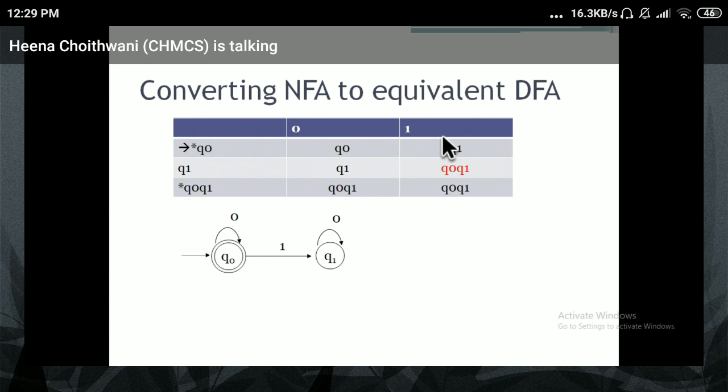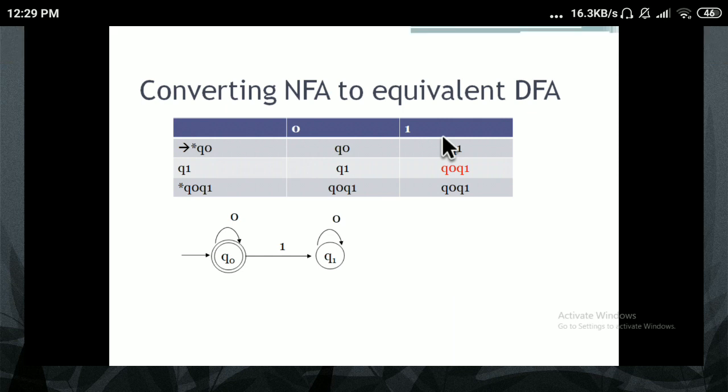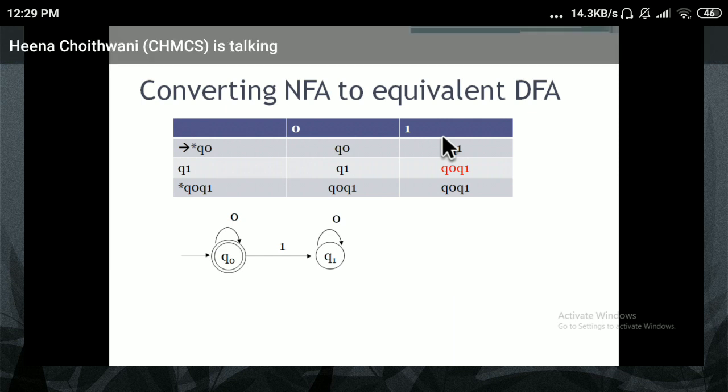Q1 on 1, we move to the new state, that is Q0 Q1. So Q1 on 1, moving to Q0 Q1, and that is also my final state. So we have two final states here, right?